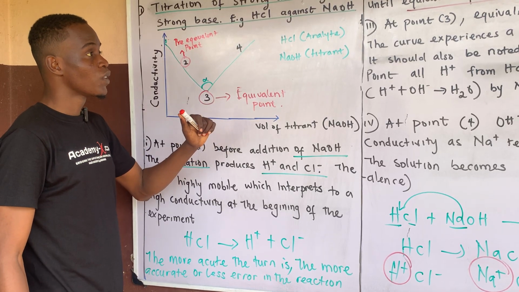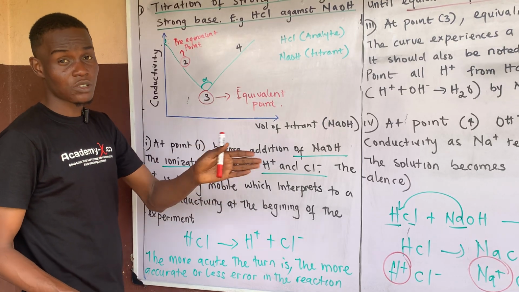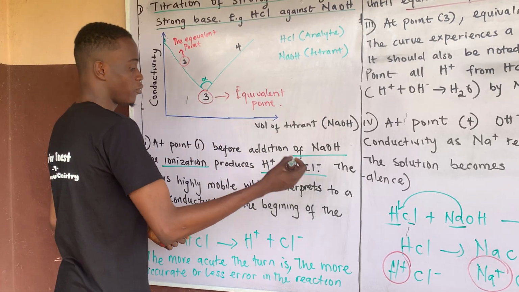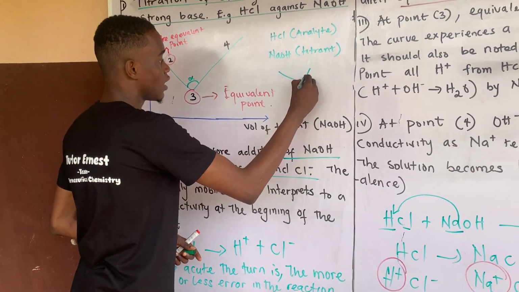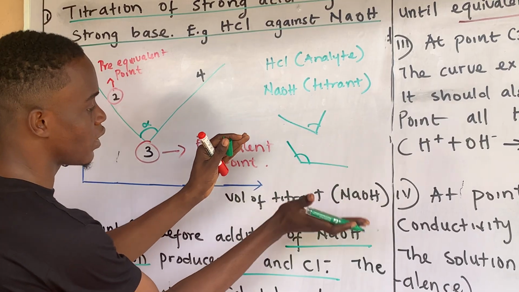But the more obtuse, the opposite of an acute angle is an obtuse angle. If you can remember from our geometry, this is an acute angle, this is an obtuse angle. So it keeps on going wider.